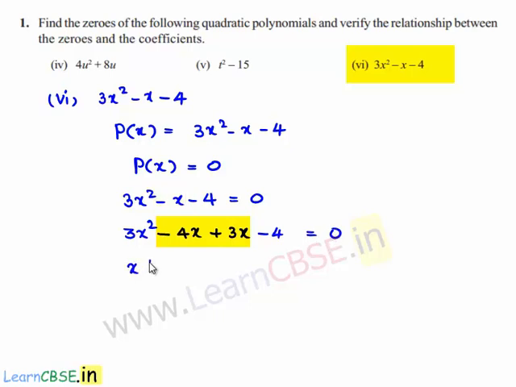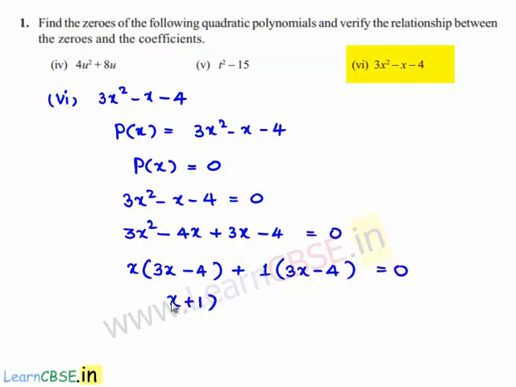Now taking x as common, we will be getting x times 3x minus 4 and 1 as common, we will be getting 1 times 3x minus 4 is equal to 0, which is x plus 1 times 3x minus 4 is equal to 0. This becomes x plus 1 is equal to 0 and 3x minus 4 is equal to 0.